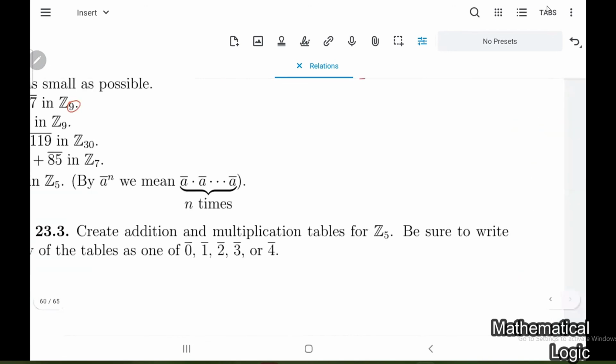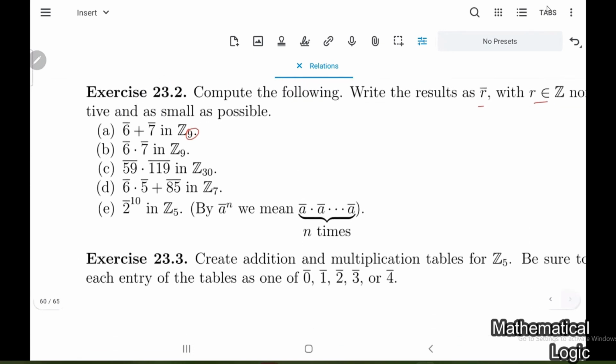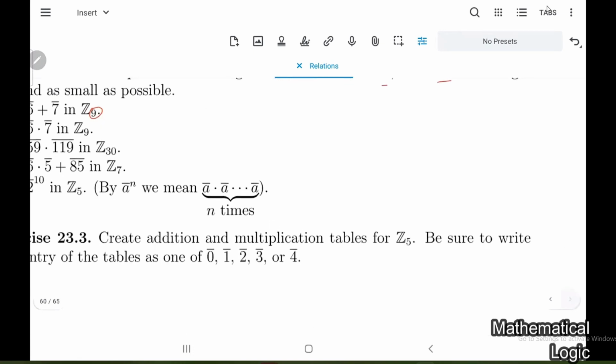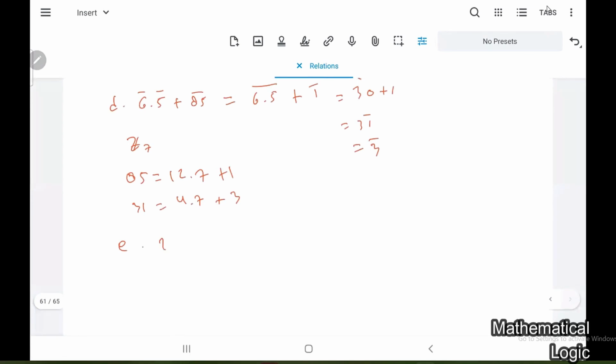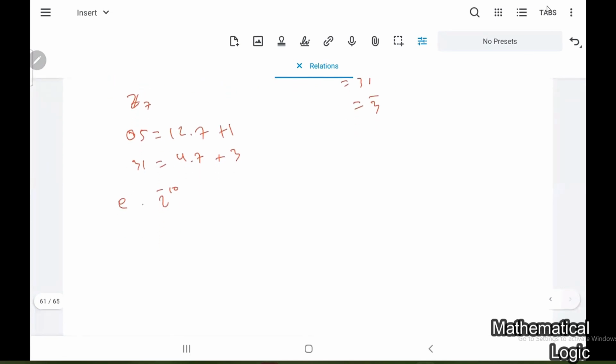Okay. So yeah, this one, 2 power 10 in Z5. So 2 power 10 bar, that means 2 times 2 and so on, 10 times. So how to deal with this?